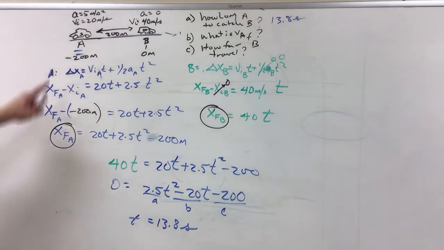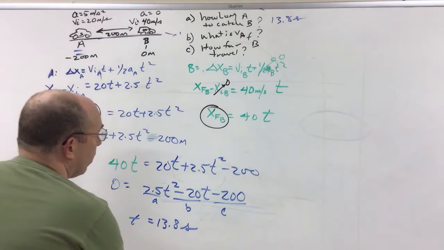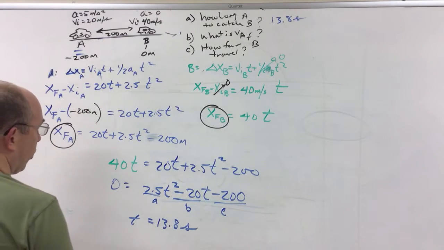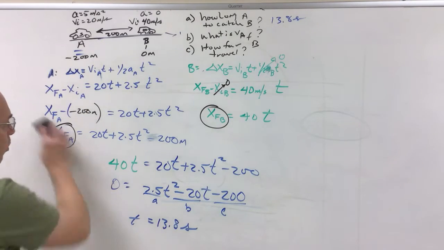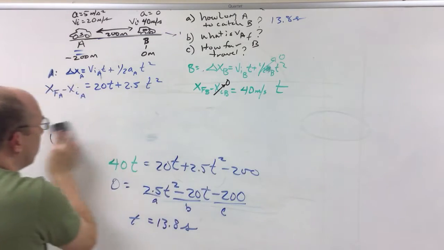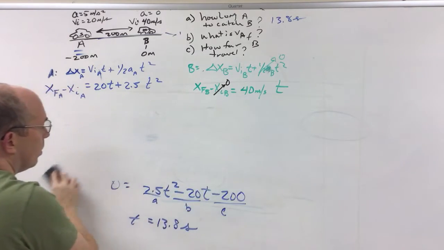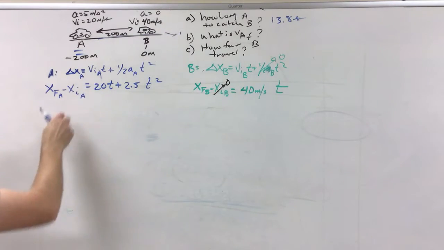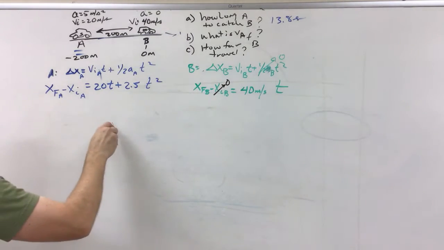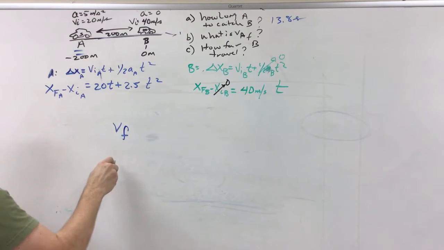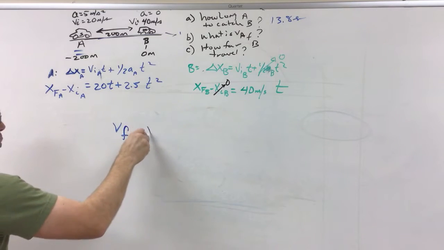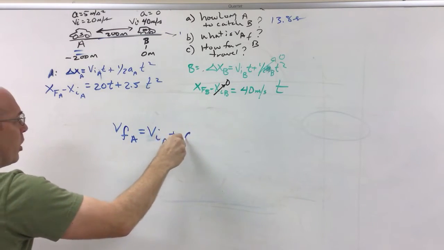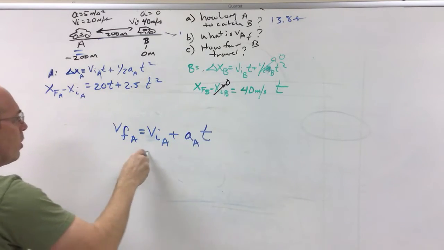Velocity of A final, so that's the bad guys are going to try to catch up to 007 here. I'm going to erase this. We're accelerated motion. That means the equations of constant motion will function. So the final velocity of A is equal to the initial velocity of A plus the acceleration of A times t.